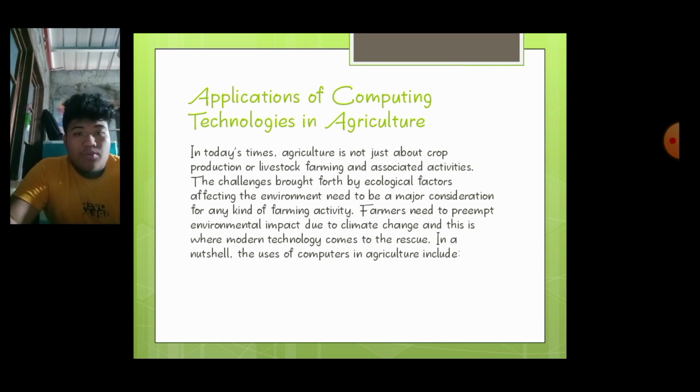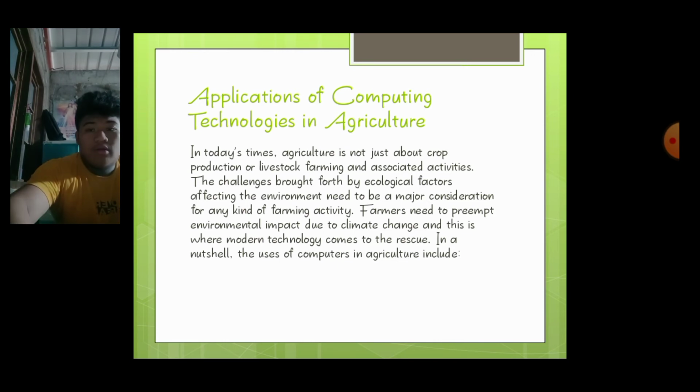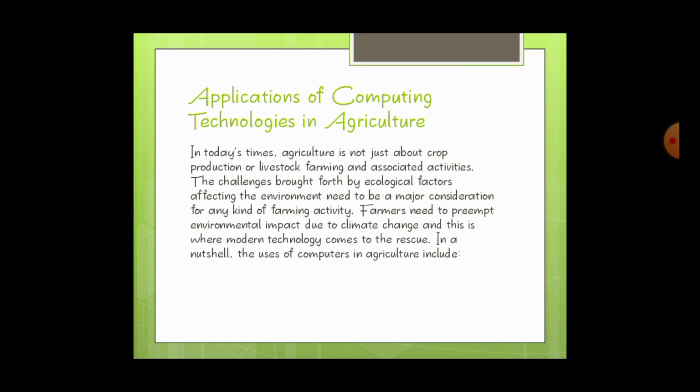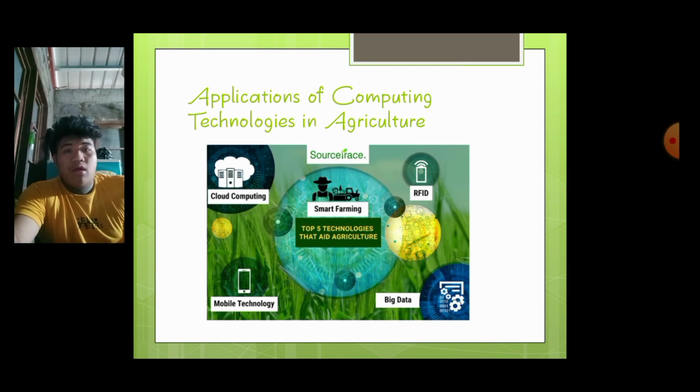Farmers need to prevent environmental impact due to climate change, and this is where modern technology comes to the rescue. In a nutshell, the uses of computers in agriculture include the following. This is an example of the application of computing technologies in agriculture.